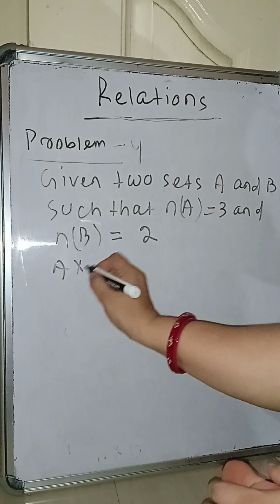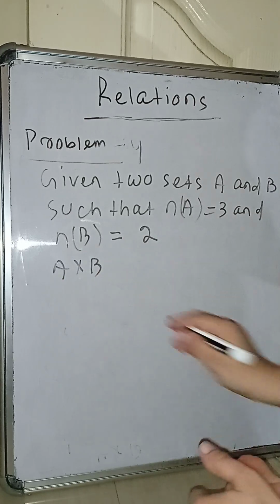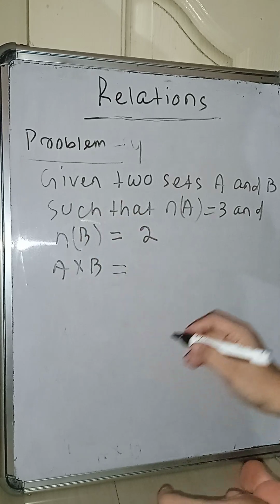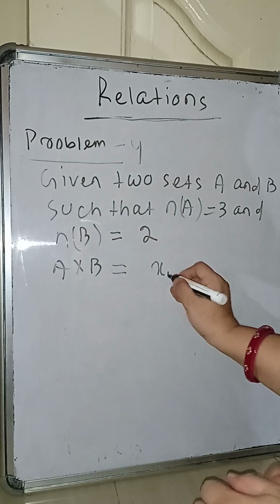Also, another thing is given: the Cartesian product of these two sets is given here.